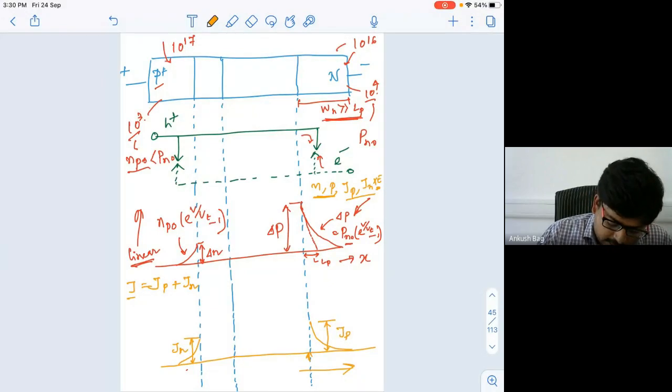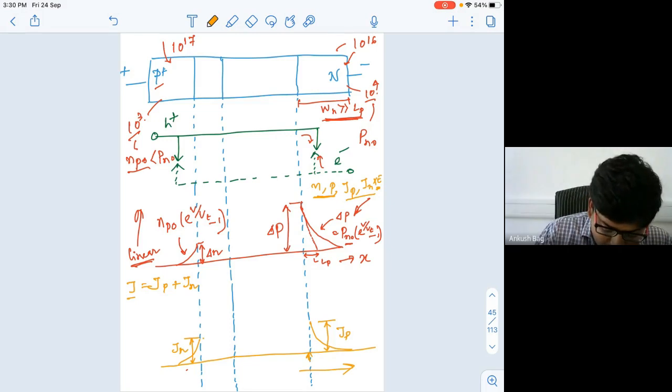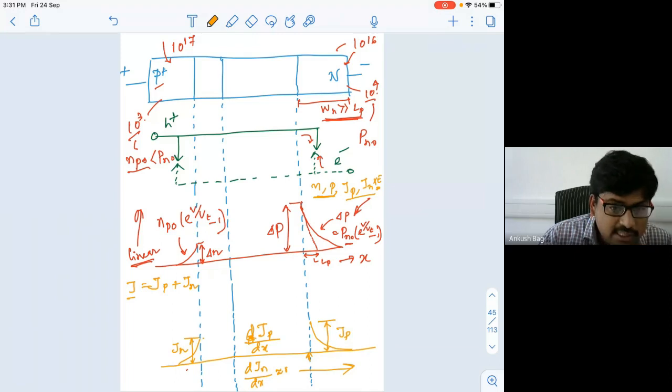Again, in this depletion edge, or this space charge region, due to the steady state condition, there will be no recombination. I am saying that there will be no variation in Jp, dJp/dx, or dJn/dx is equal to 0, or closely equal to 0, in this space charge region.